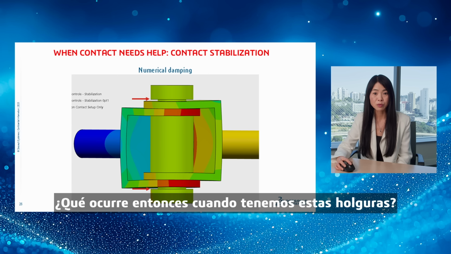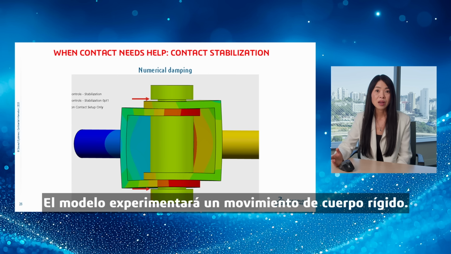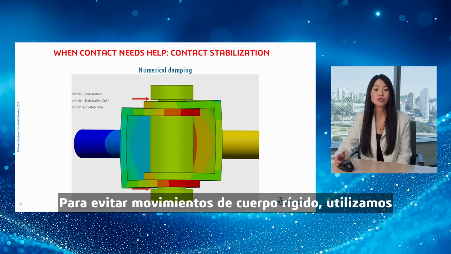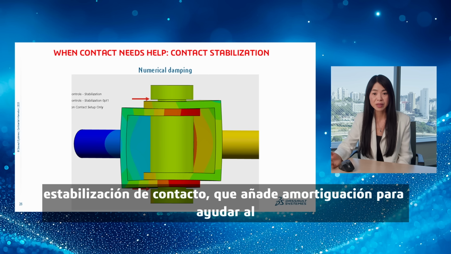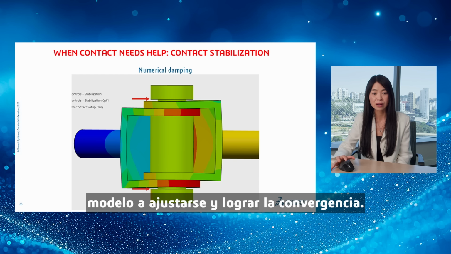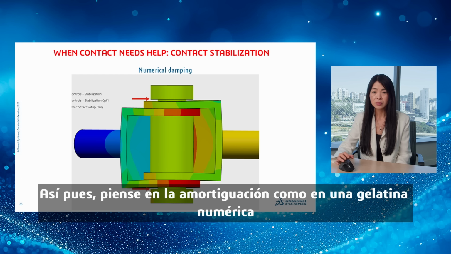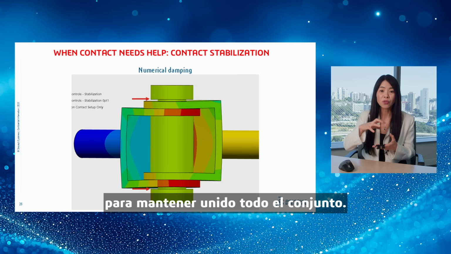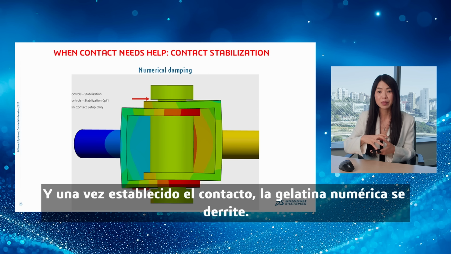So what happens when we have these gaps is the model will experience rigid body motion. To avoid rigid body motion, we use contact stabilization, which adds damping to help the model settle in order to get convergence. So think about damping as a numerical jelly to hold that whole assembly together. And as contact is established, the numerical jelly melts away.